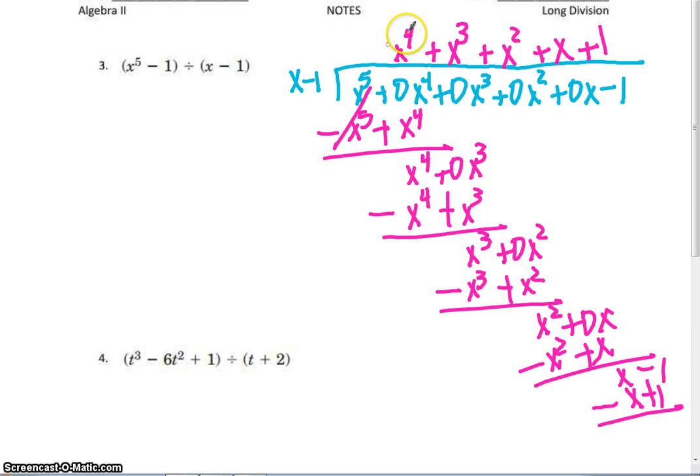So that is your answer. X to the 4th plus x to the 3rd plus x squared plus x plus 1.